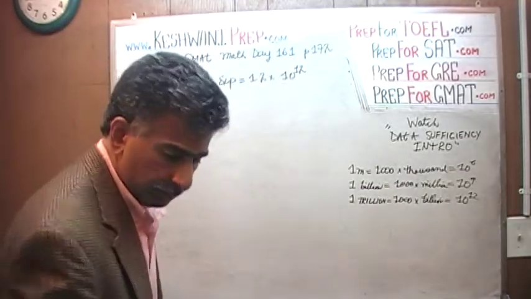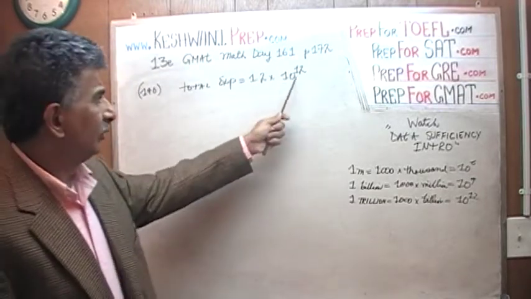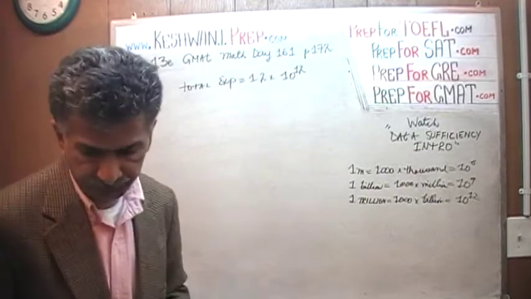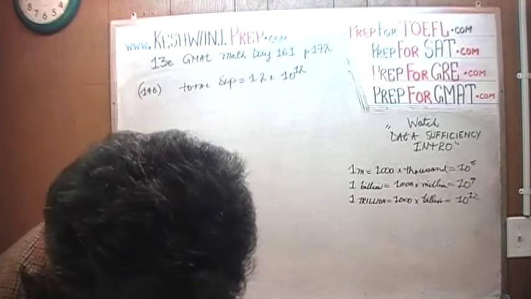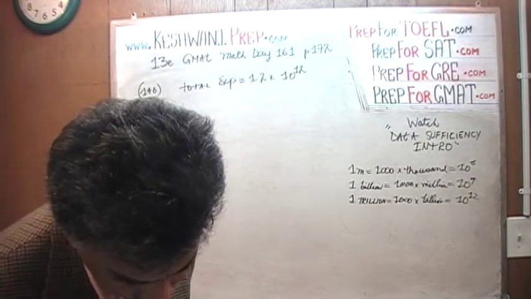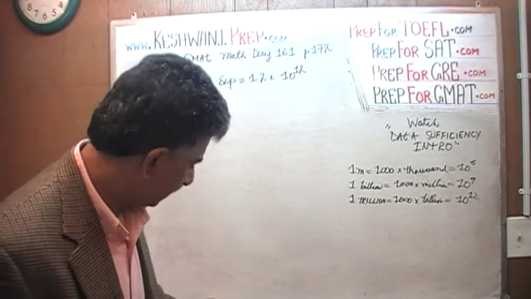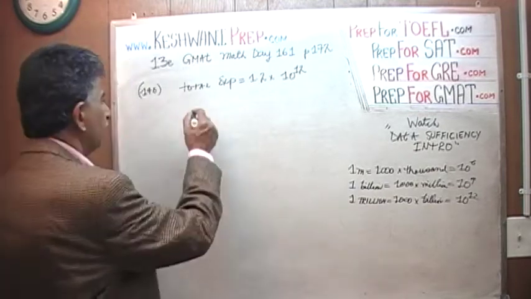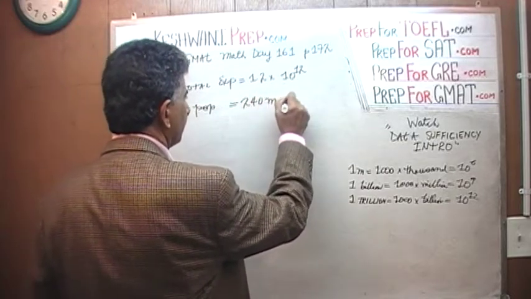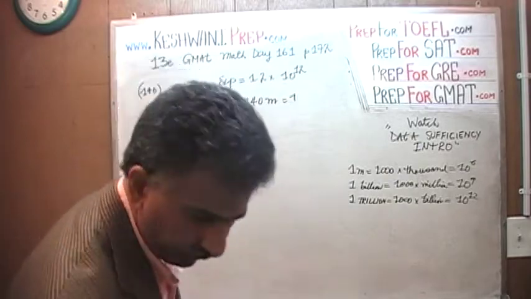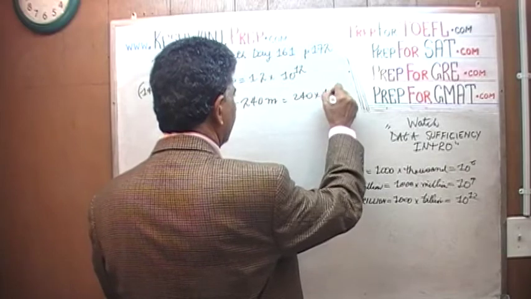Here we are told that the total expenses in the country are 1.2 times 10 to the 12, in other words, 1.2 trillion. And we are told that the population of the country is 240 million, which is the same as 240 times 10 to the 6th.